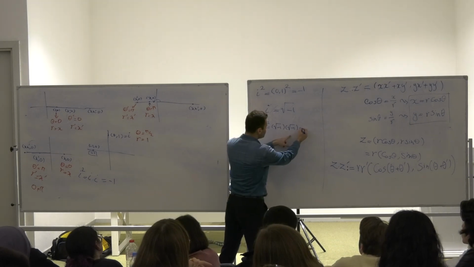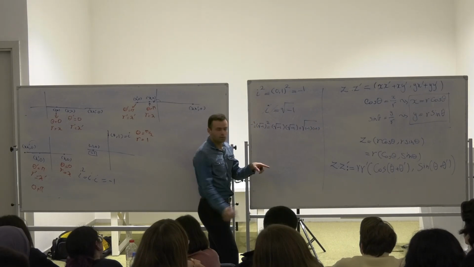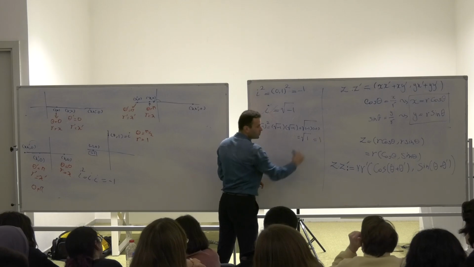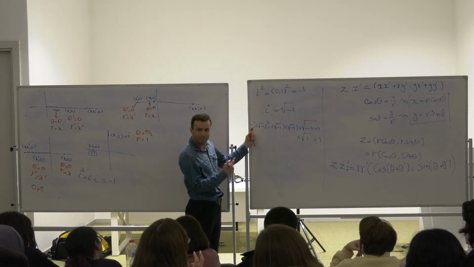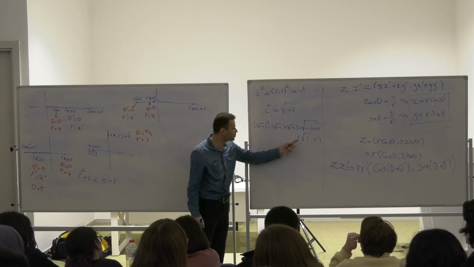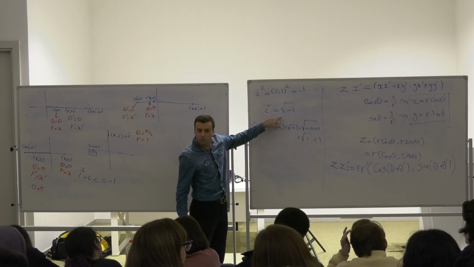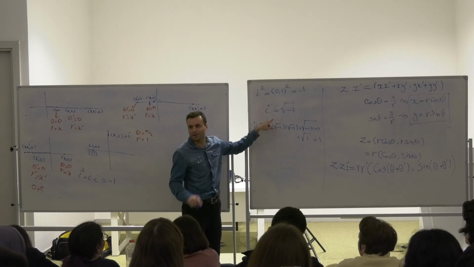I can also keep the square root and multiply these two to each other. So this is going to be the square root of 1, and we are going to arrive at this absurd situation of minus 1 equal to 1. Try to avoid using this notation. We are going to use it, but be very careful about it.